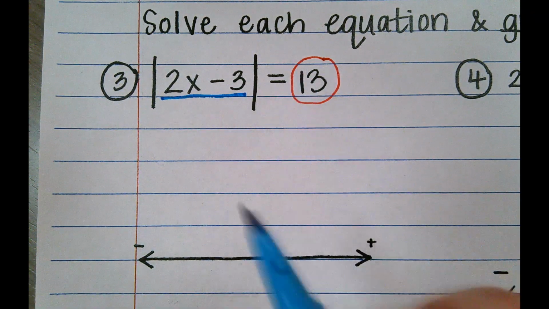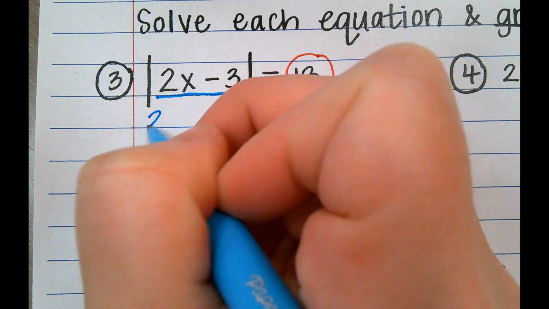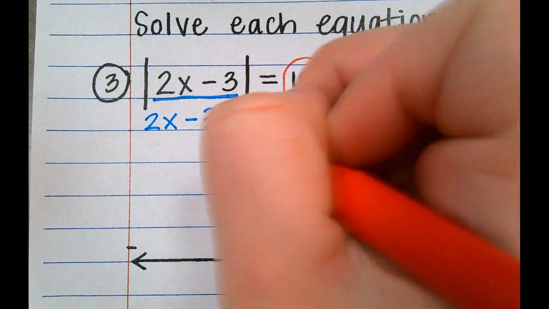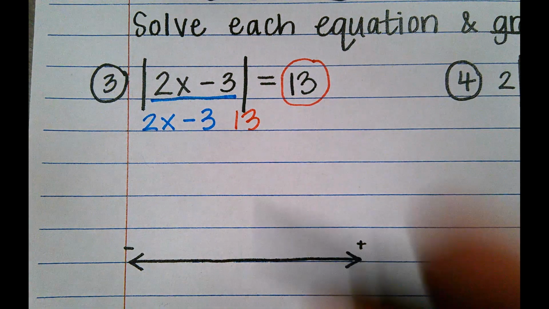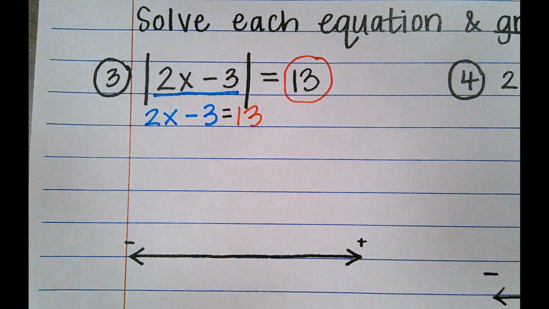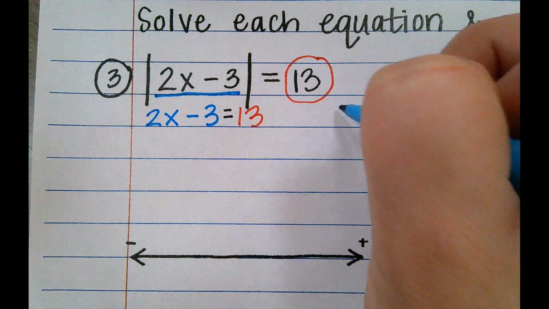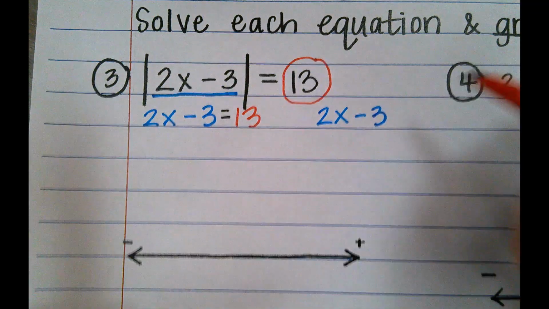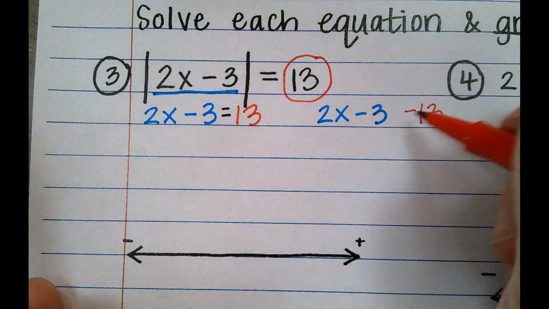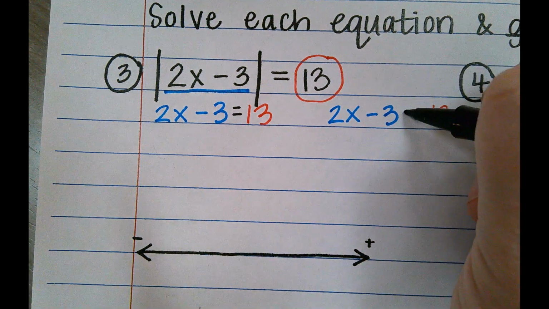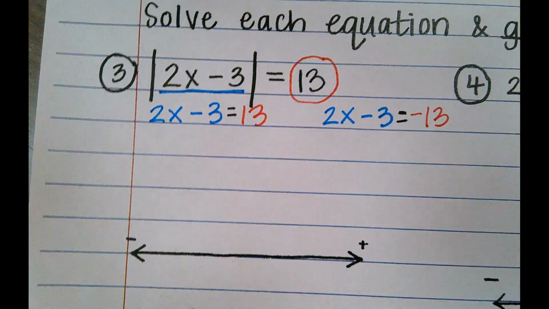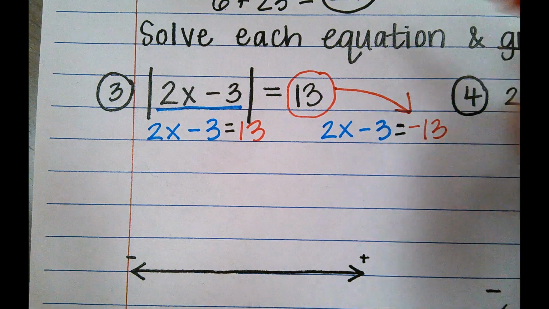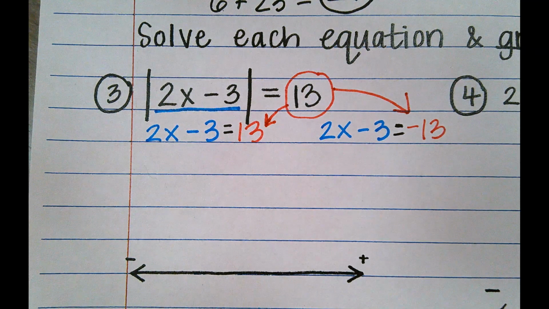The 13 is what changes. So I'm going to write 2x minus 3 equals 13 for my first equation. And then for my second, 2x minus 3 equals negative 13. Change the answer, keep the part the same.